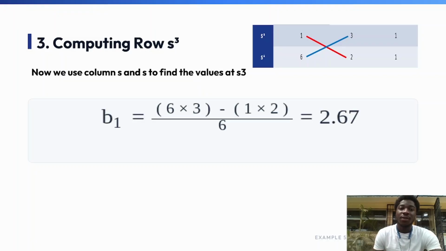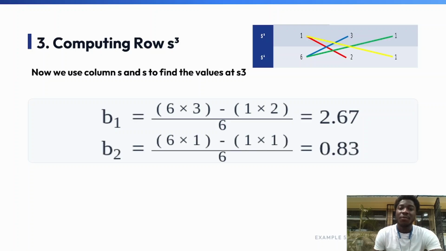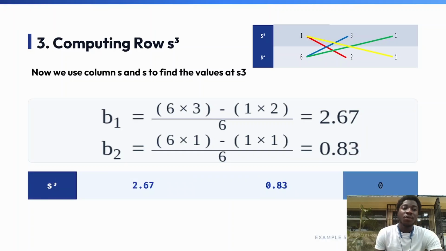For the second value in this row, b2, we move to the next set of columns. We multiply 6 by 1, subtract 1 times 1, and divide by 6 again, which results in 0.83. Our third column for this row is recorded as 0 because there are no further coefficients in the original equation to pull from.